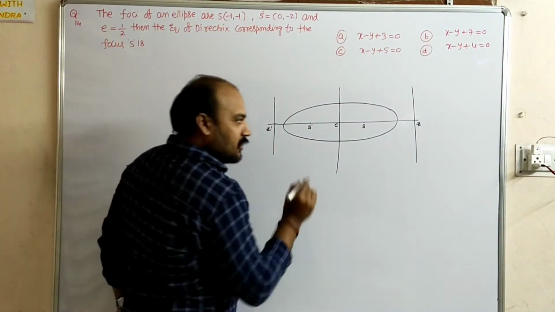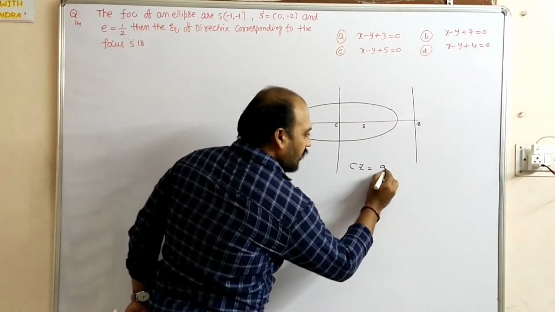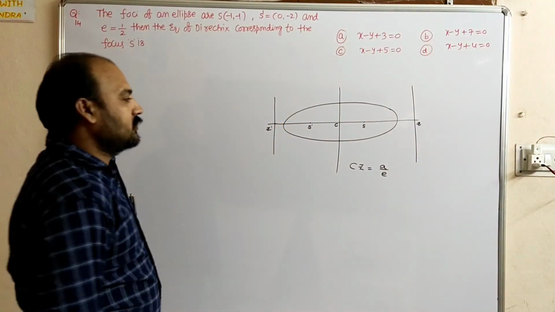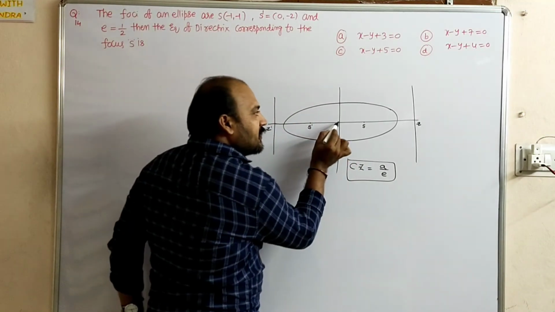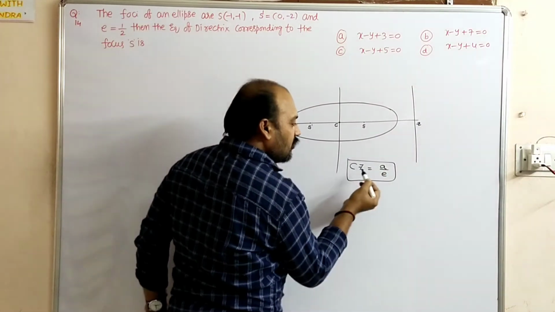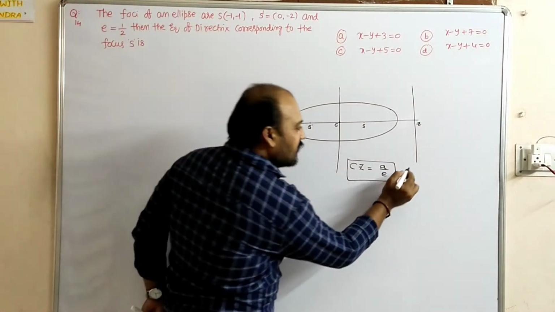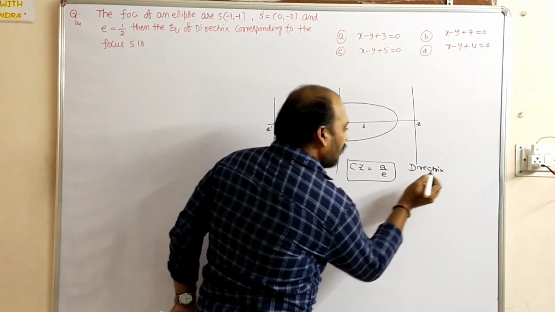We know, as I already said in the previous classes, that CZ is equal to A by E. This equation is x is equal to A by E. That means the distance from the center of the ellipse to the directrix is equal to CZ. They are asking to calculate this directrix equation, either this one or this one.